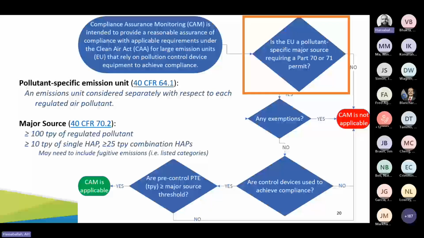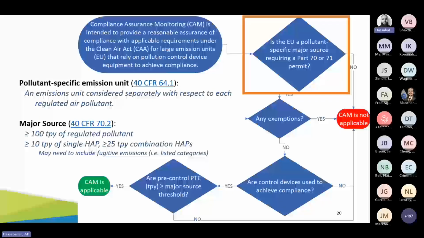The CAM rule is based on the pollutant-specific emission unit. A common question here that one of our colleagues may have alluded to earlier is: can or should we aggregate related individual processes into one emission unit, or how to apply CAM to multiple emission units or activities that may be subject to a single emission limit and vented to a common control device?